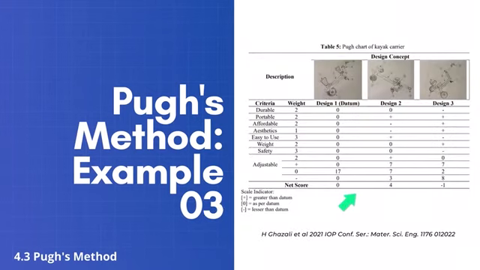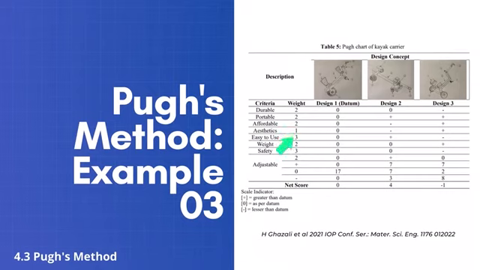Here is also example number 3, which is a Pugh table. So we have the alternatives, which are design 1, design 2 and design 3. And for this one, the comparison is made for design 2 compared to the design 1 datum, and design 3 will be compared to the design 1 datum. For the weightage, as you can see here, they have 2, 1 and 3.